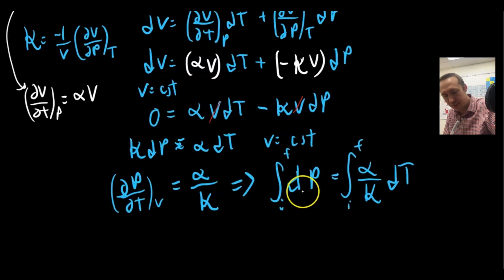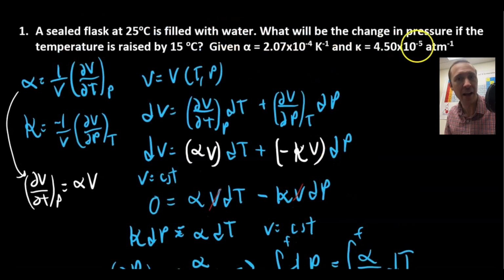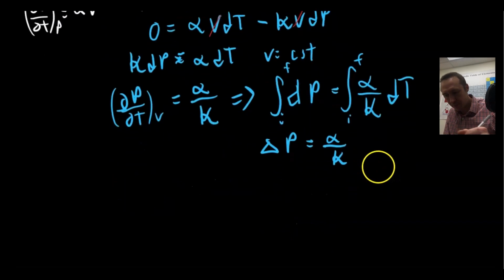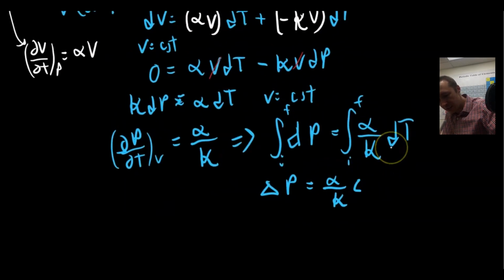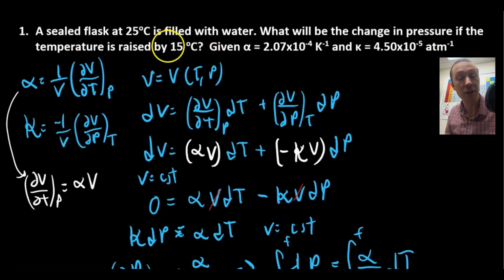The integral of dP is just our change in pressure. Alpha and kappa are constants because they're just the given values. The integral of dT is just our change in temperature, which is 15 Kelvin, because that's what we're given. So all we need to do is plug in our values, and we're done.